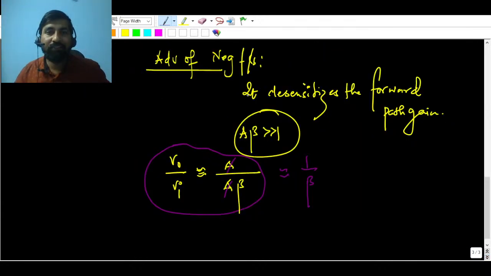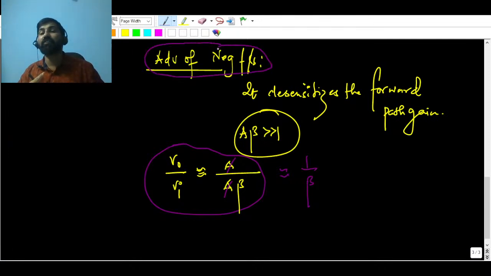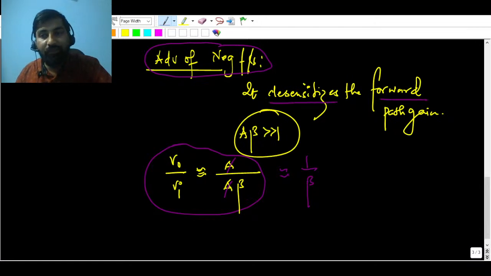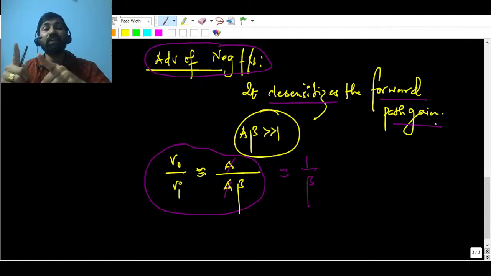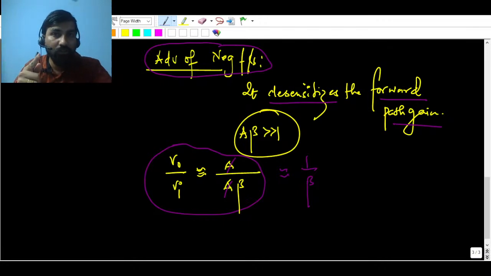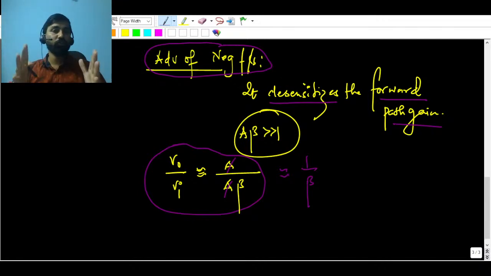Keep in mind the advantage of negative feedback: it desensitizes the forward path gain, meaning you don't have to consider the basic amplifier while determining the overall gain. What you have to focus on is the resistances connected around it.